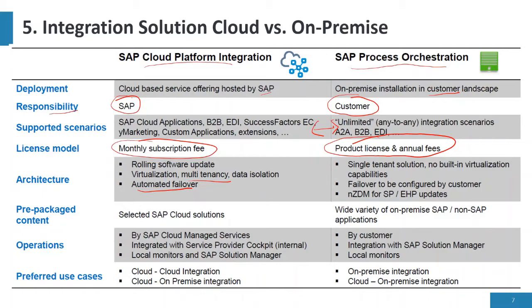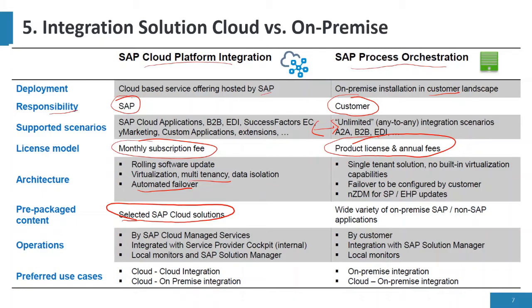Again, if we talk a little bit more about pre-packaged content, in CPI we have more than 530 packages and more than 1,000 integration flows that SAP has already given to integrate different systems like S4 HANA, SuccessFactors, Fieldglass, Concur, Ariba.